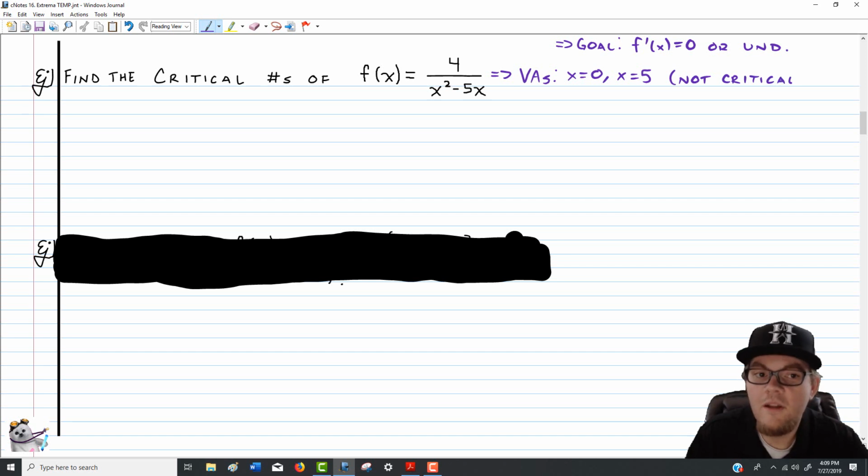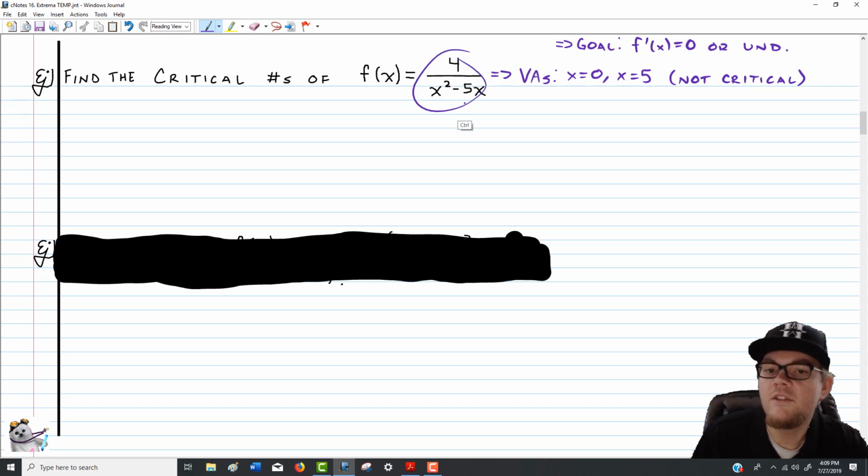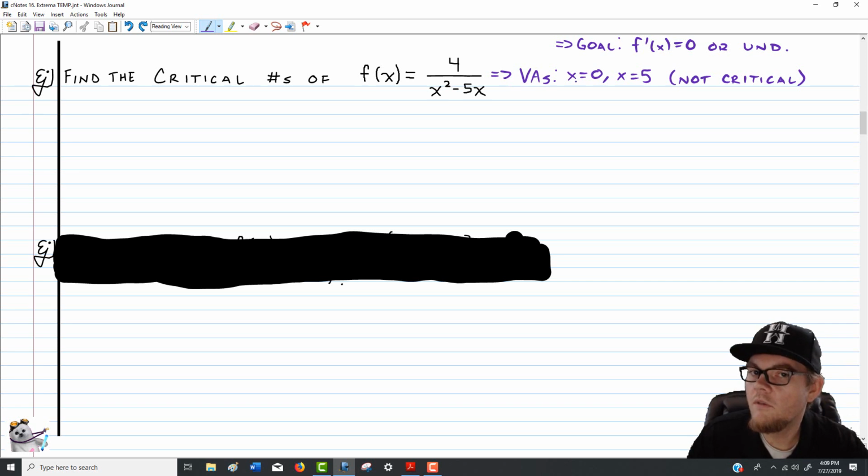It's not that they aren't critically important, but they don't meet the definition of a critical number. Critical numbers have to exist on the original function, and plugging in 0 or 5 for x gives you 4 over 0 in both cases. So just keep that in mind. We can't get those as values, so don't get overexcited if they show up. We're looking for other x values that make the derivative 0 or undefined.